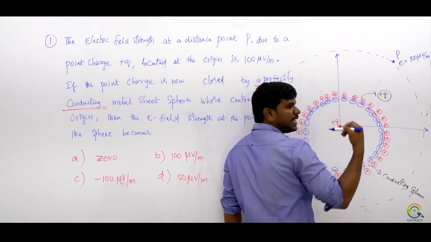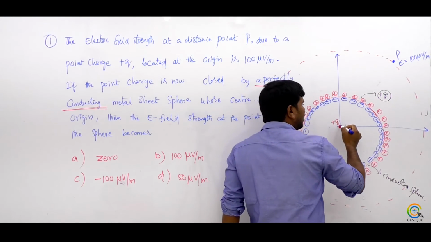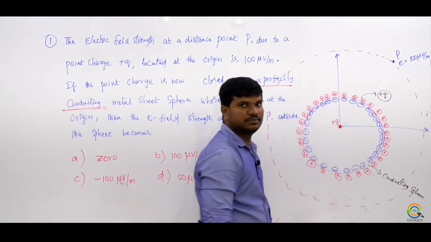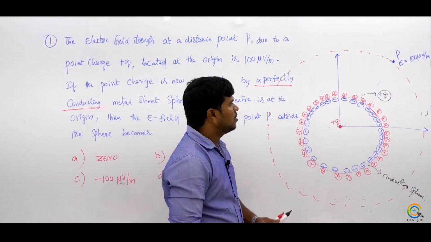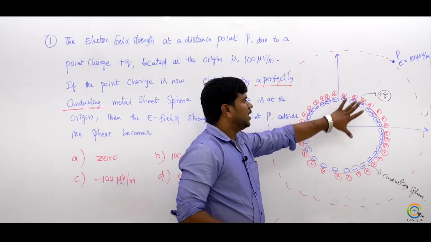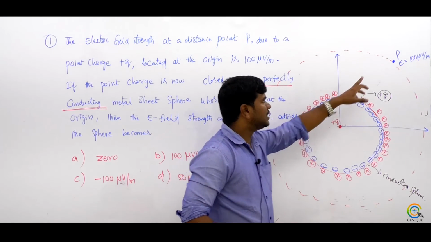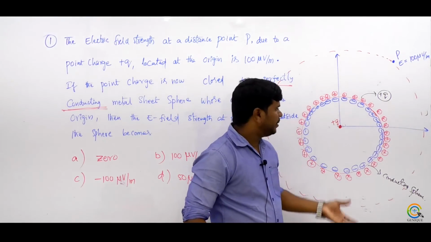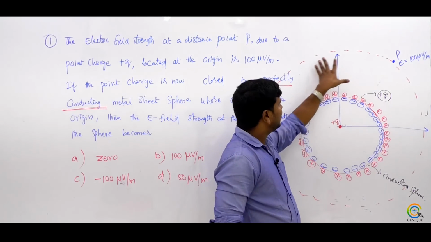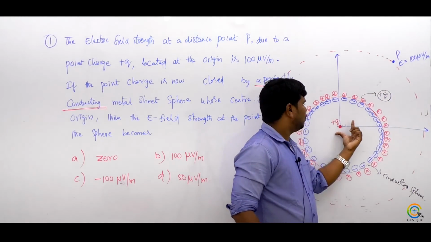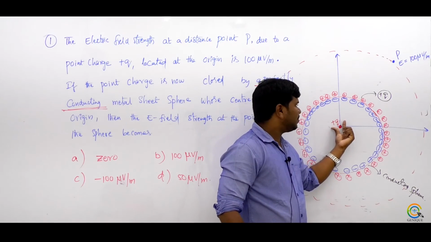So you have to take the electric field intensity from the center to the point only. Because of this cancellation, you will get the same effect, because the total flux leaving this entire surface is only equal to plus q.